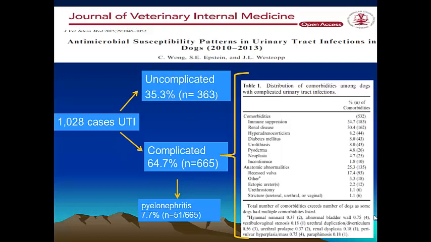As you can see, most of them were immunosuppression diseases, probably were given glucosteroids or some other type of immunosuppressive drugs. Second ones were kidney disease, either chronic or acute, and they were followed with some endocrinopathies, hyperadrenocorticism, diabetes, and so on.